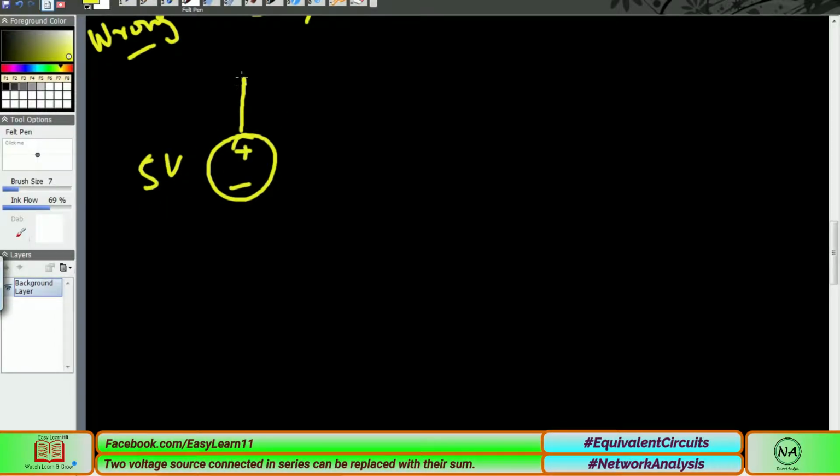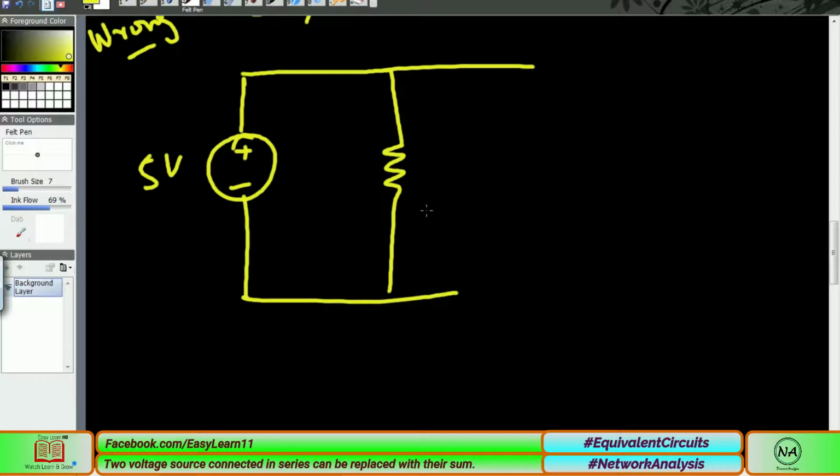If we have a 5 volt source here, just for understanding, and we have a simple resistive network here, and let's suppose this is R1, and we are not interested in the rest of the network. You can see that R1 is connected in parallel with the voltage source.